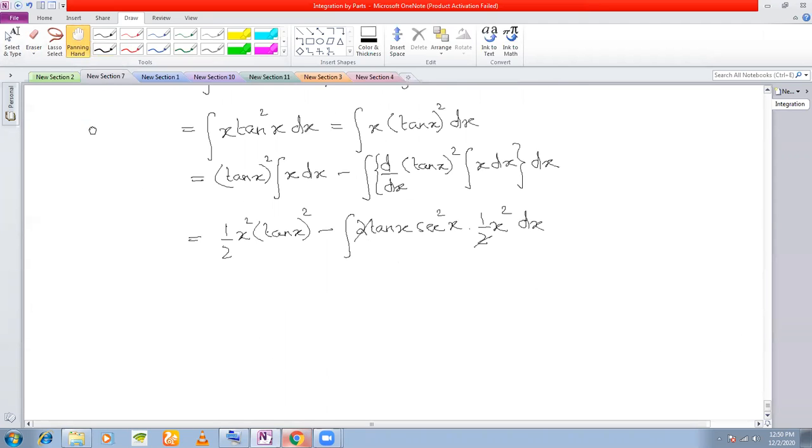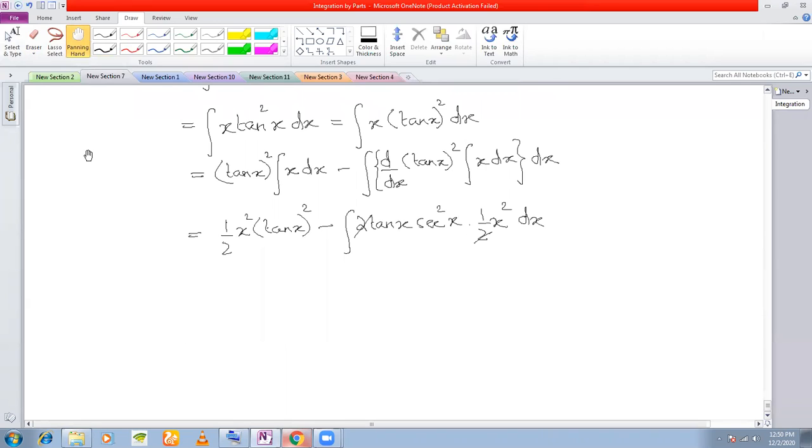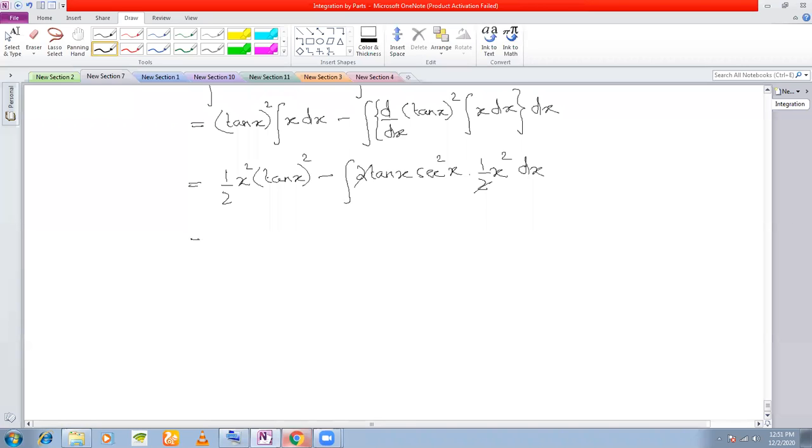Okay. So what you do here is you take half x square (tan x) whole square minus, right, this has integral x square tan x sec square x dx.